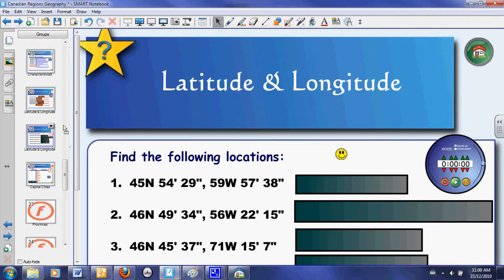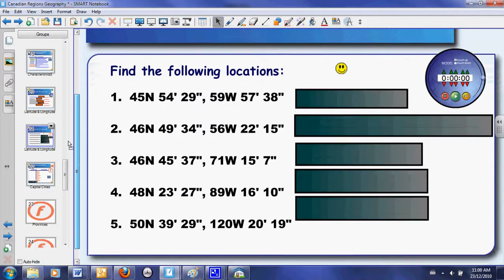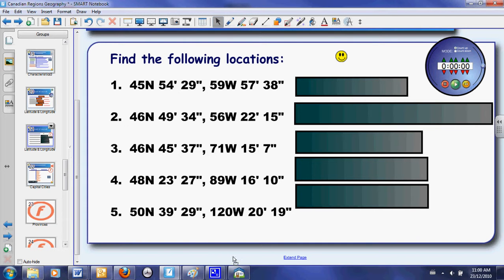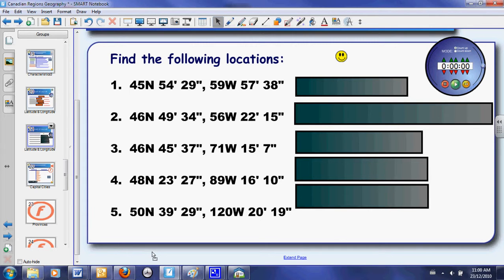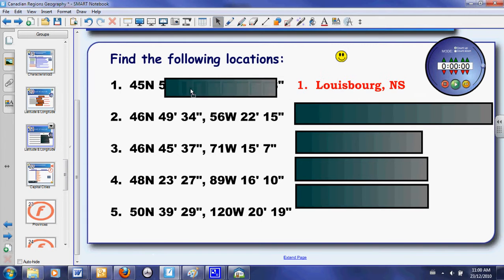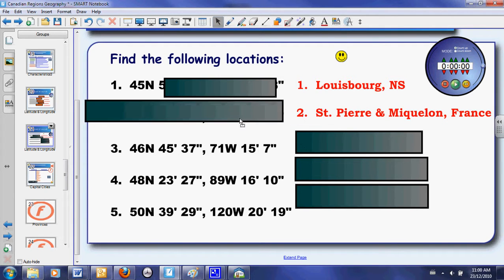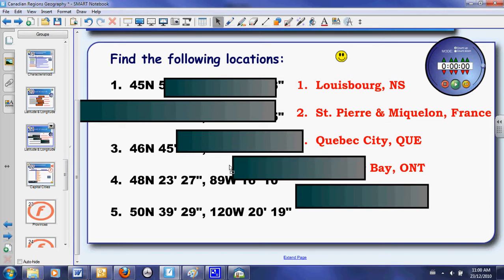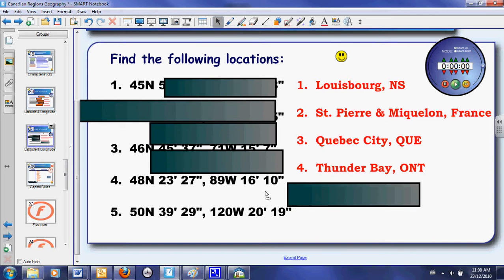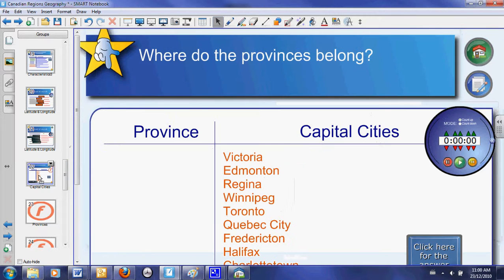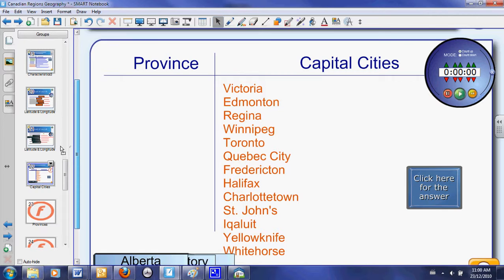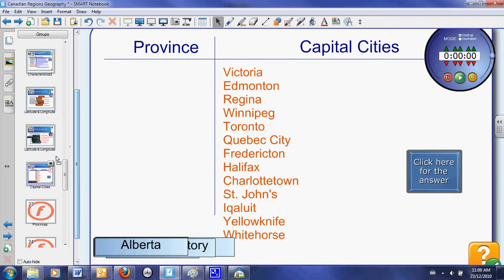Next slide does the same thing. The next slide is asking you to identify which province goes with which capital city.